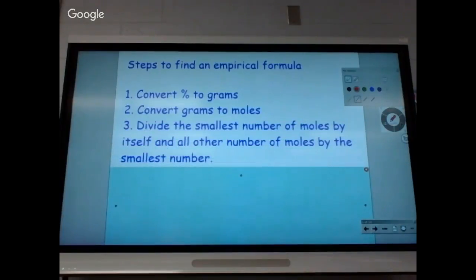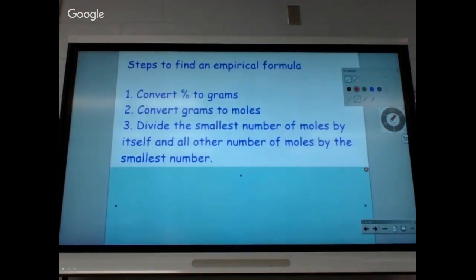Now, number 3 looks hard, but it's not. It just sounds sort of weird when I tell people what we're going to do. We're going to divide the smallest number of moles by itself and all the other numbers of moles by that same smallest number. What? That's why I said it sounds weird. It's sort of like, in math class, if you add 5 to the right, what do you have to do to the left?